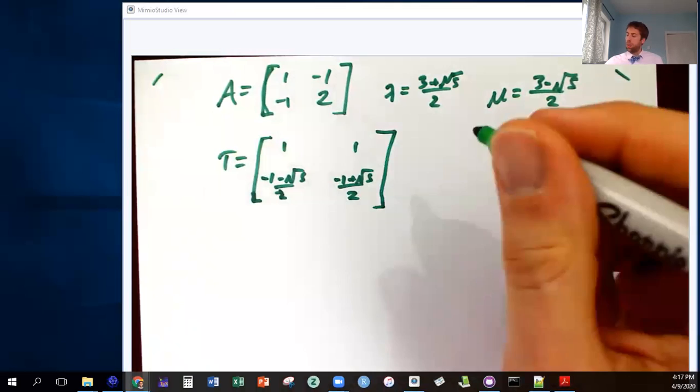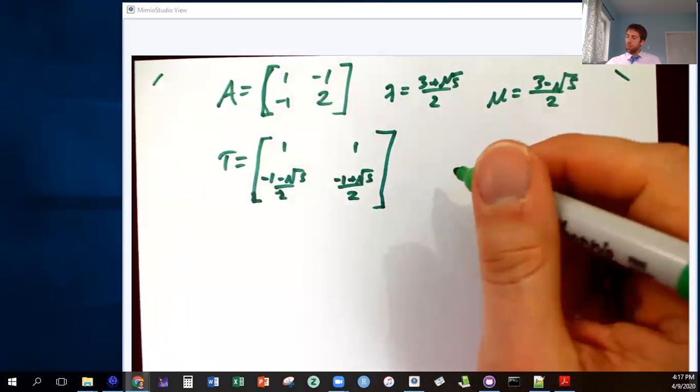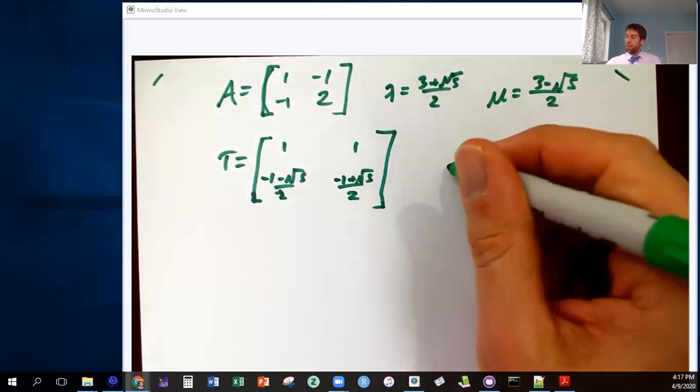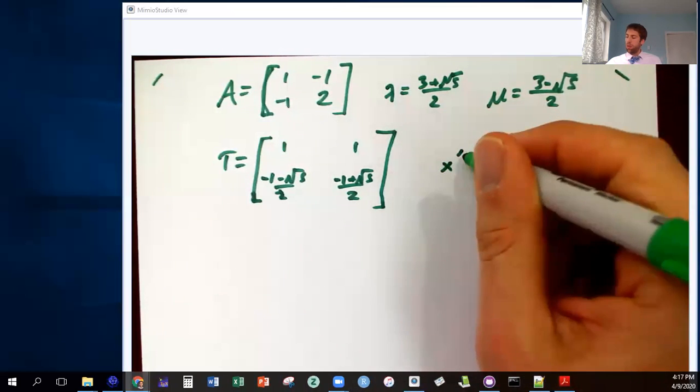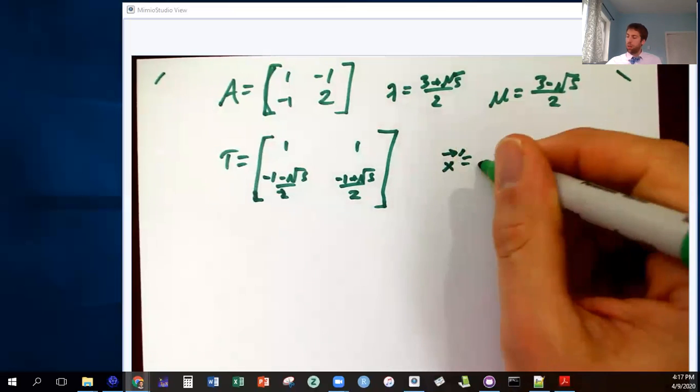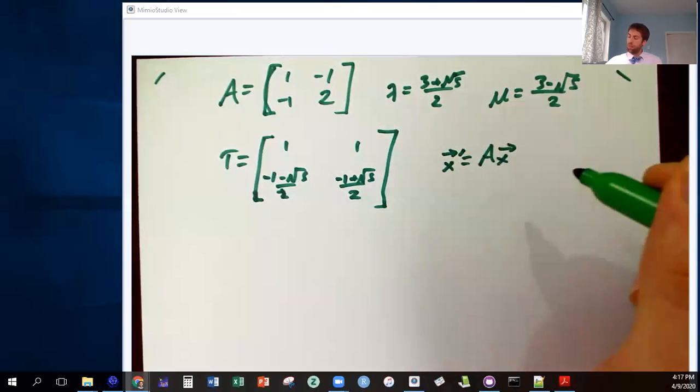So I have x prime, as a vector, equals A times the vector x.